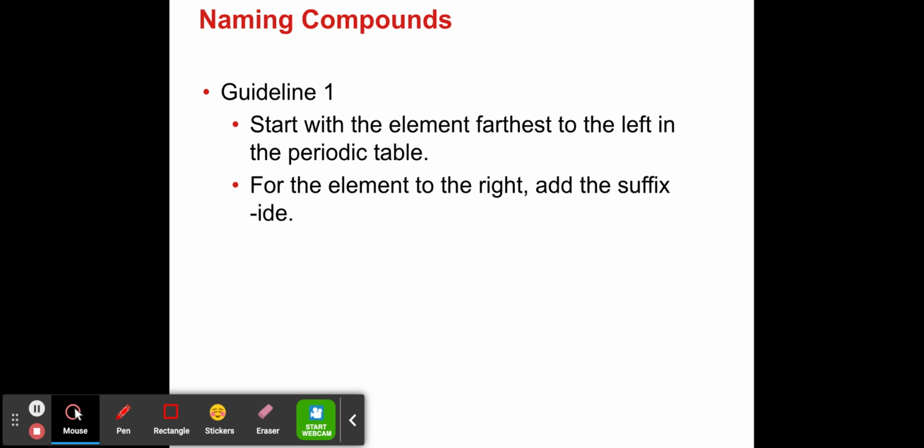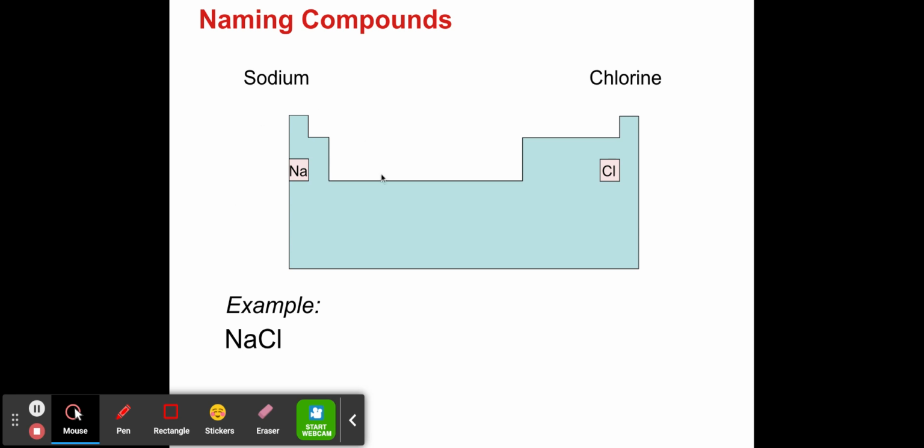Now, the second guideline is that for the element to the right, you need to add a suffix that we call IDE. IDE is going to be added to the name of the element to the right. And we're going to see how this applies. For example, sodium and chlorine. If you look at them on a periodic table, sodium is right here and chlorine is right there.